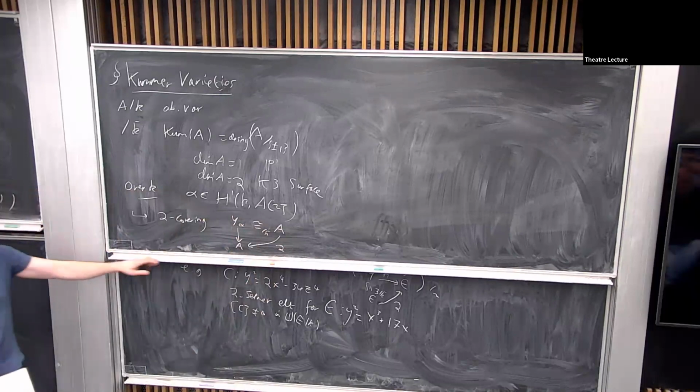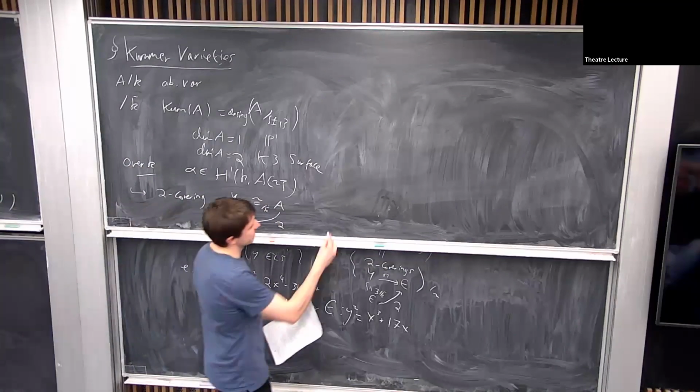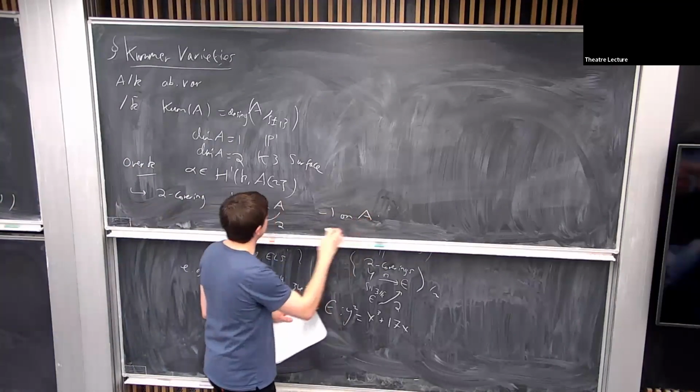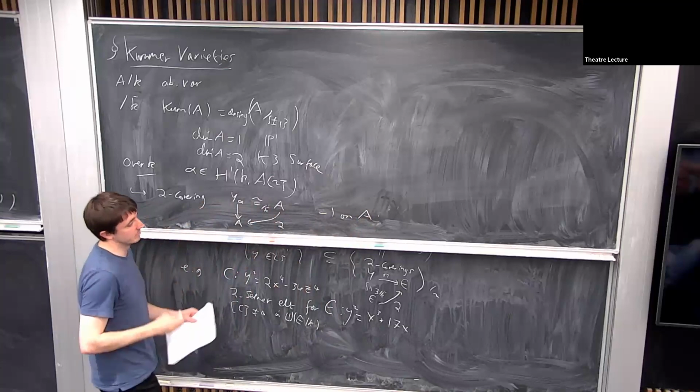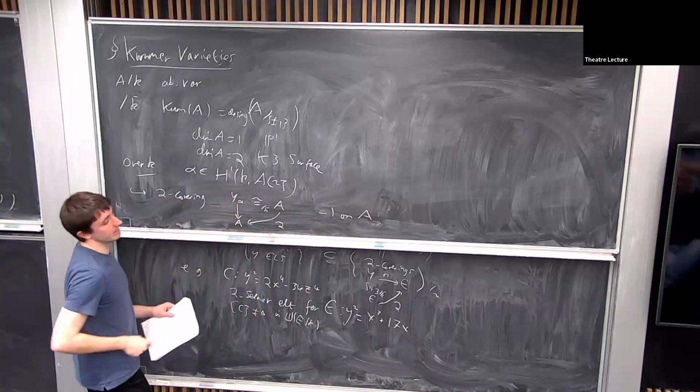You can show by commutativity of this diagram that multiplication by -1 on A, when you transport it across this isomorphism, gives an involution on Y alpha, which is defined over K again.